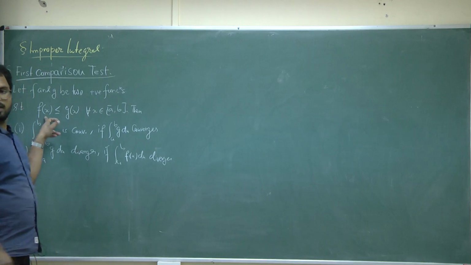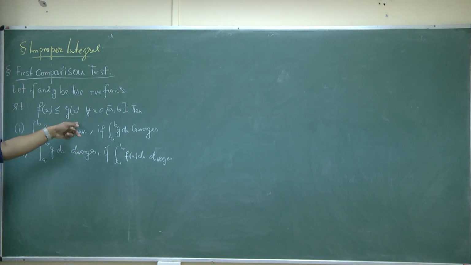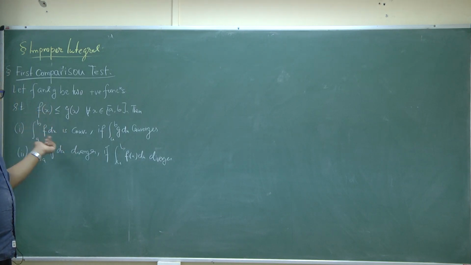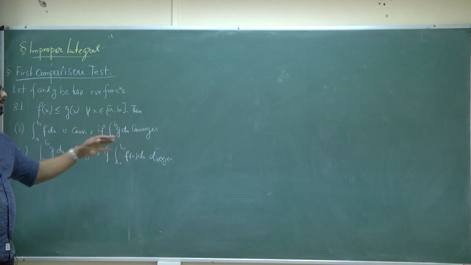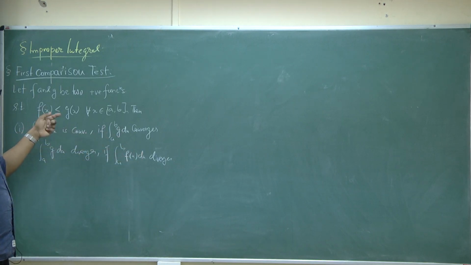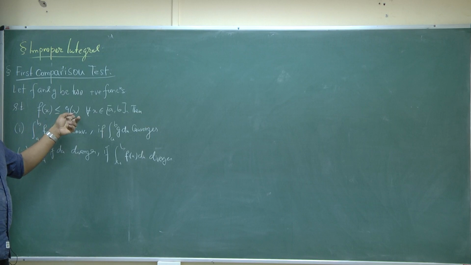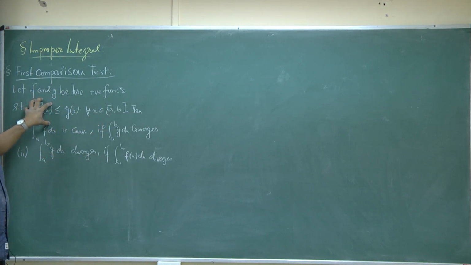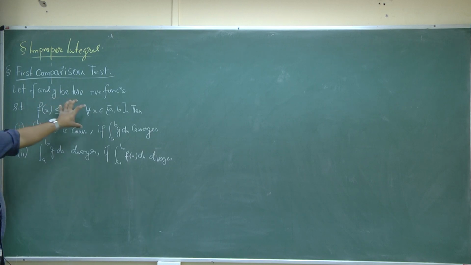Basically what it means is, if you have a function f(x) which is less than or equal to g(x), then the integral from a to b of f(x) dx will be convergent if the integral from a to b of g(x) dx is convergent. If one function is smaller than the other for every x in a to b, then its integral will always be convergent if the integral of the bigger one is convergent.